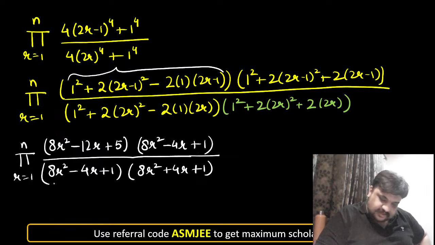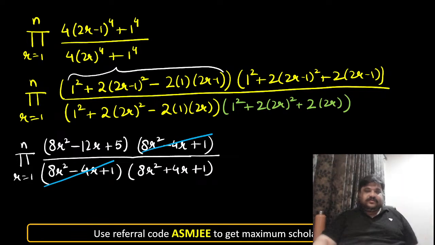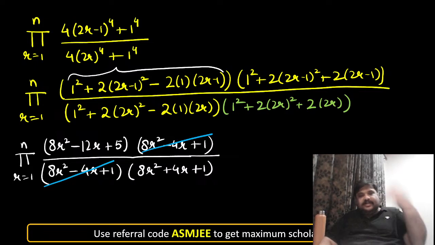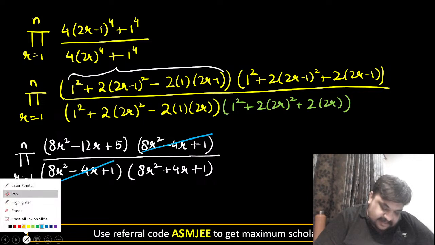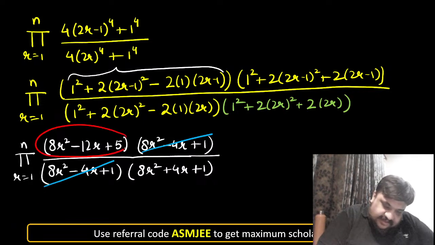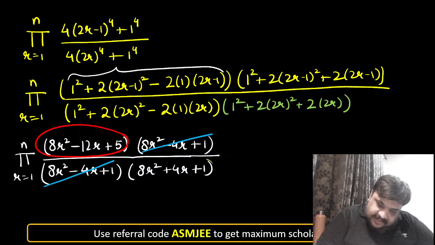At least this gets cancelled with this. But check this one. Is the calculation right? It's correct. Okay. So we have reached here now. Now check whether if we replace r by r plus 1 in the upper term, do we get the lower term? Check if we replace r by r plus 1 in this bracket, do we get the green bracket?